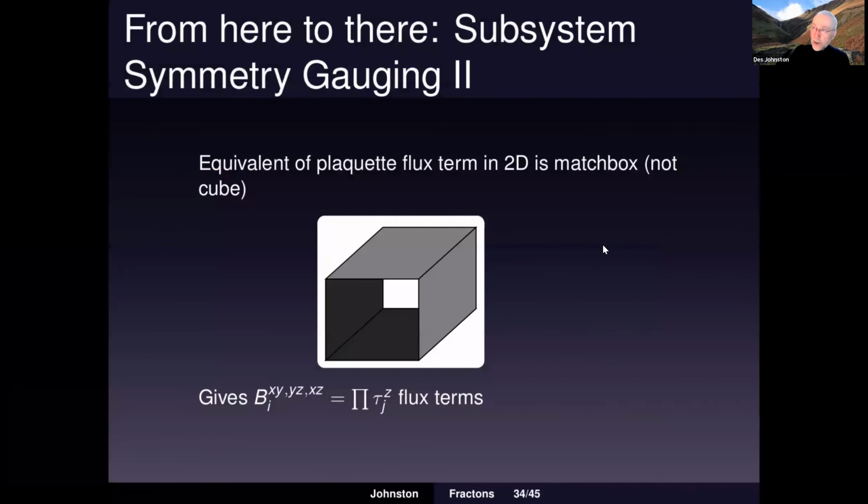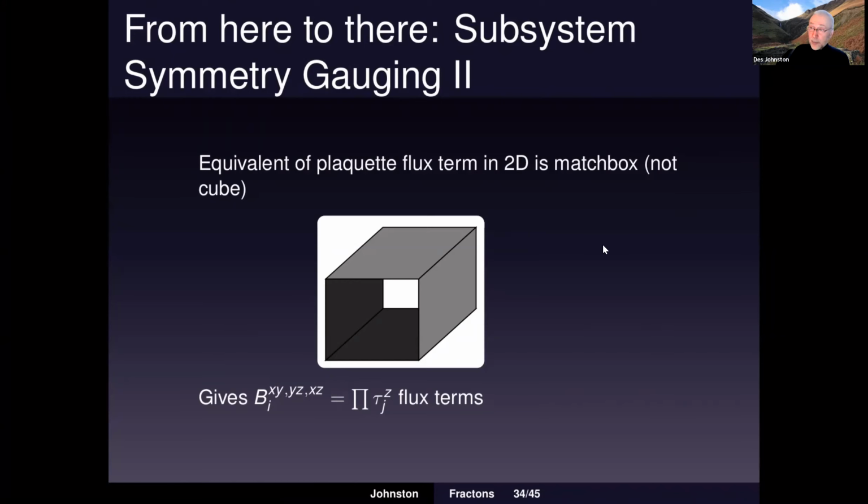And we also introduced a flux term in the case of the toric code by having a look at the product of my interactions around a plaquette, which would have been 1 if I didn't have the new gauge spin. But with the gauge spin included, that gave me a plaquette interaction term for the gauge spin on the edges. I'll need to do something similar here.